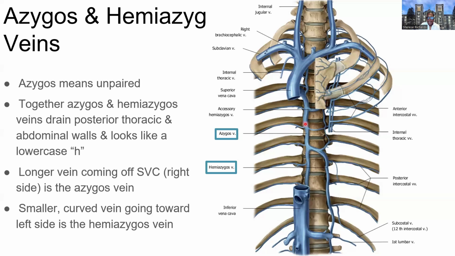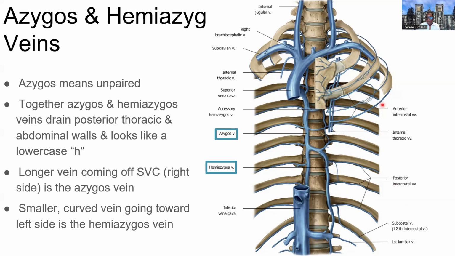And the azygous is the vein on the right side of the thoracic cavity, whereas the hemiazygous is the vein on the left side. So this creates this H-like configuration where the hemiazygous drains the left side along with a much smaller accessory hemiazygous. So here's the accessory hemiazygous and the hemiazygous.